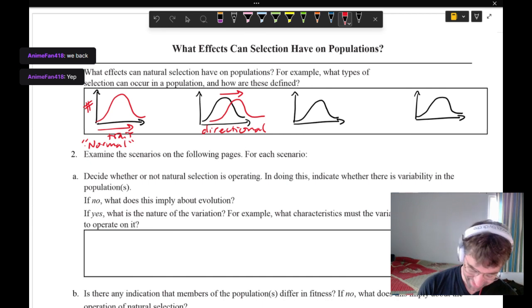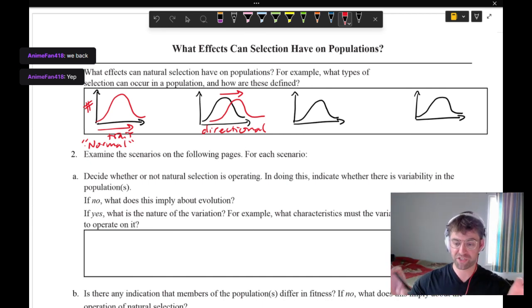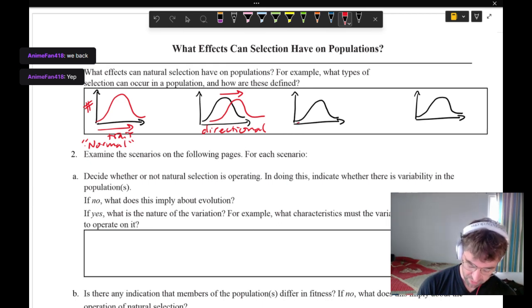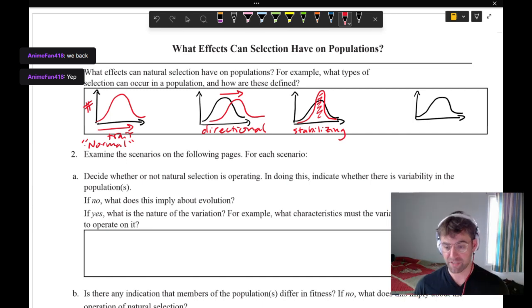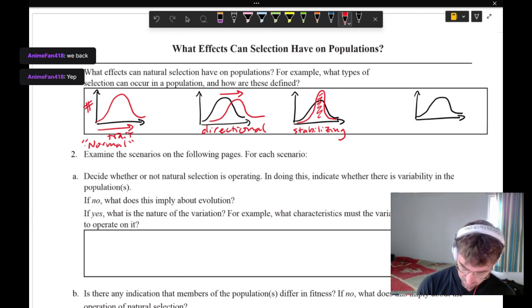Same but different. If we have a selective pressure that punishes extremes at either end, over generations you're going to have a greater concentration of individuals with that intermediate trait, and this is called stabilizing selection. And finally, you have the inverse of this, where the intermediate for a trait is punished by whatever selective pressure exists, and the extremes at either end will be favored.